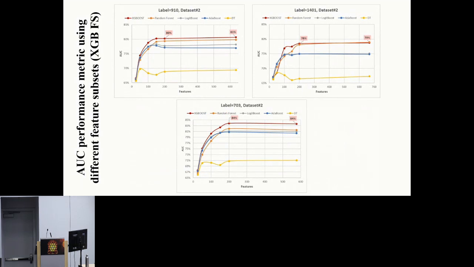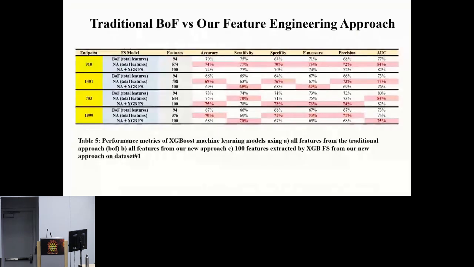Finally, when comparing our feature engineering approach with the traditional bag of features, where each ICD-9 code, gender, and age range label is considered as a separate feature, and their occurrences are used to build the record feature matrix, significant differences emerge. Although the conventional bag of features approach yields fewer distinct features, less than 100, our results presented for dataset 1 and 2 respectively demonstrated the superiority of our approach.